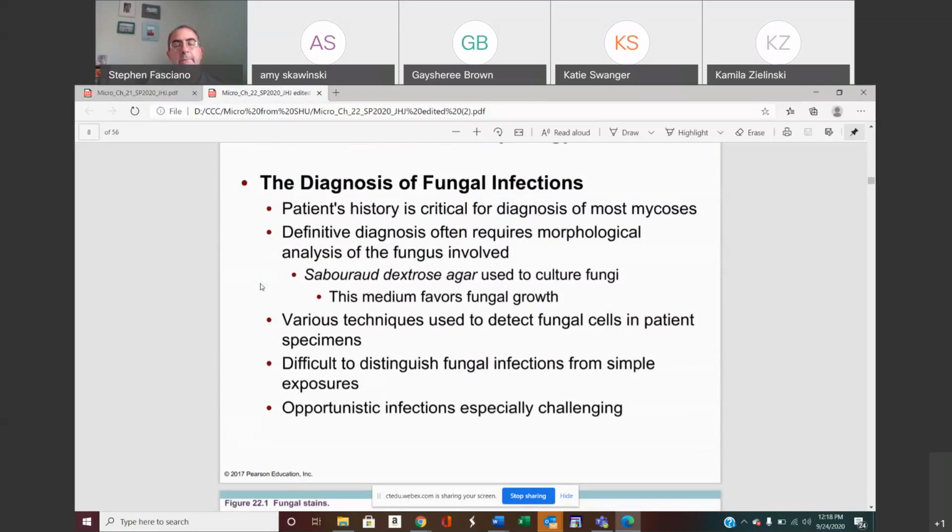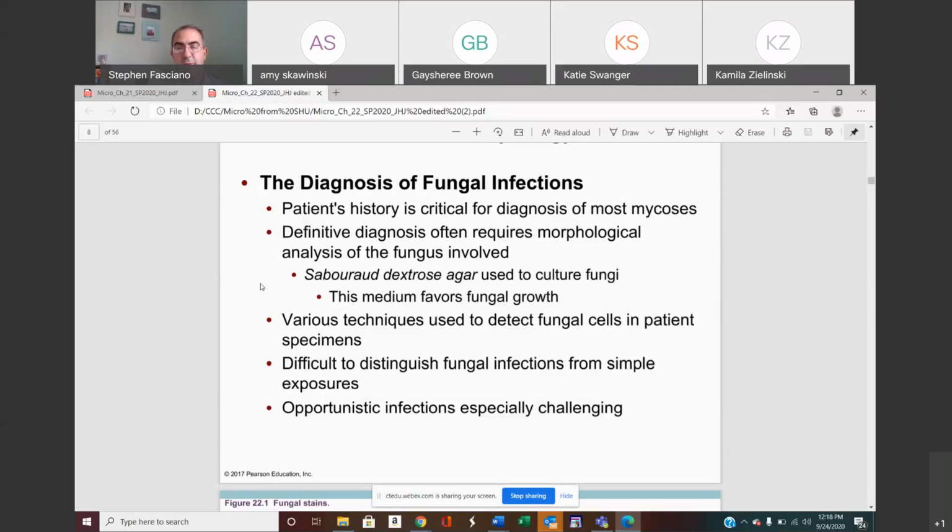So they actually take a culture in the hospital, just like they would take a culture of a bacterial infection, and they grow that up to see what type of fungus it is so that they can understand how to treat it. There are various techniques used to detect these fungal cells in patients, and as we go through these different infections, it'll list that.